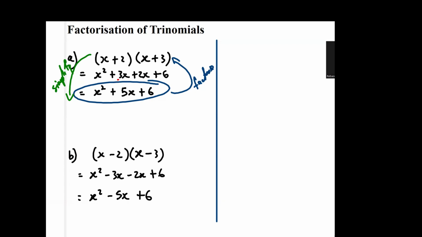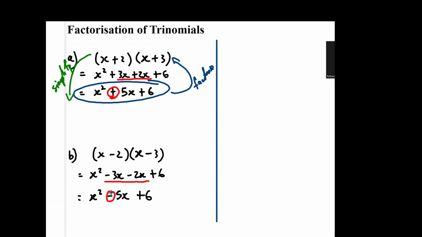One, what we did within the middle term is that the terms we added had the exact same signs. In the case of A, the signs are positive, and in the case of B, the signs are negative. And as a result, we ended up with a plus there and a minus there for the middle term.